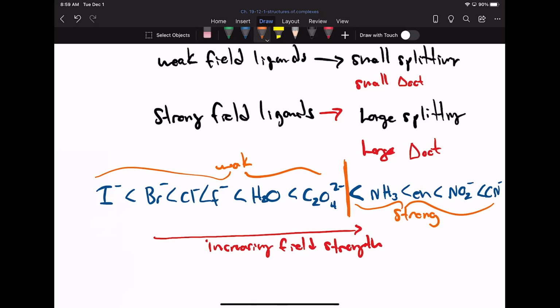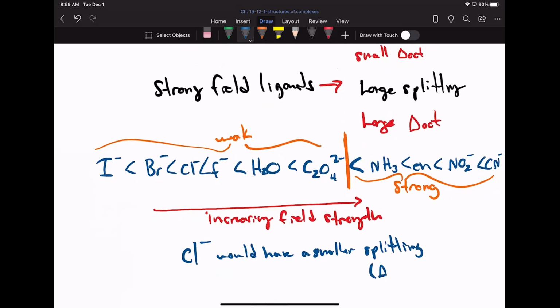We're talking about splitting. If I pick a couple here, Cl minus would have a smaller splitting, a smaller delta octahedral splitting, versus, let's say, NO2.